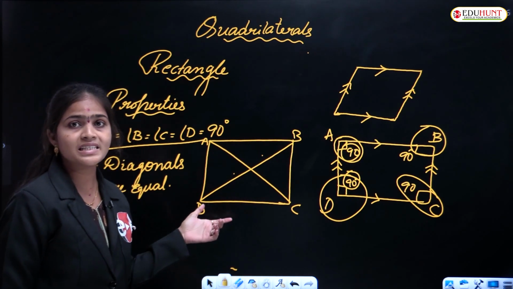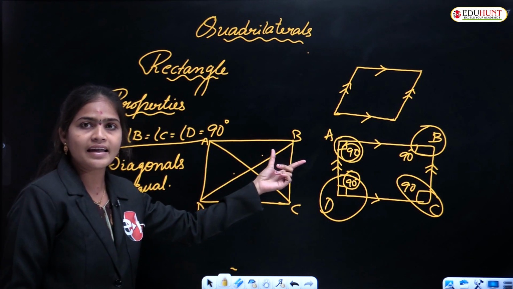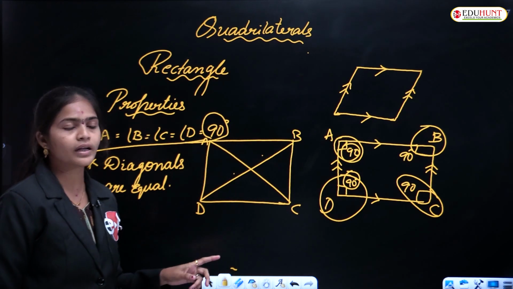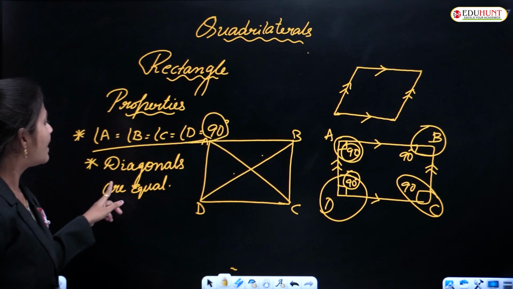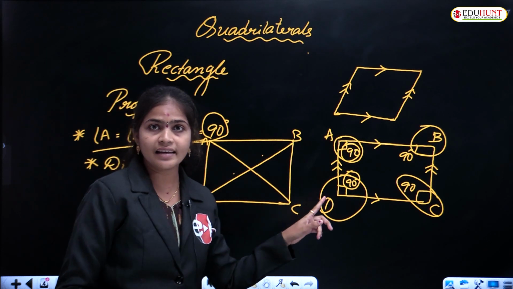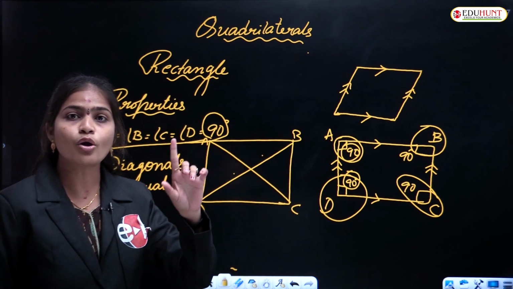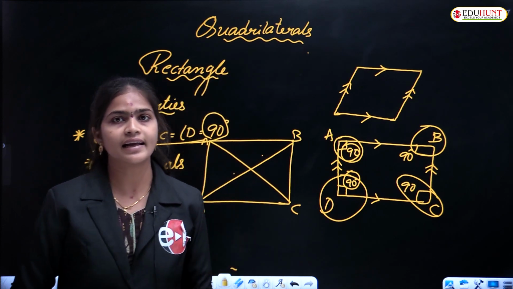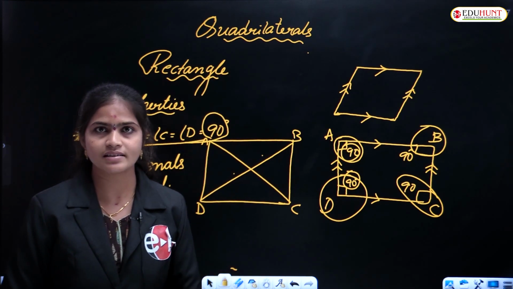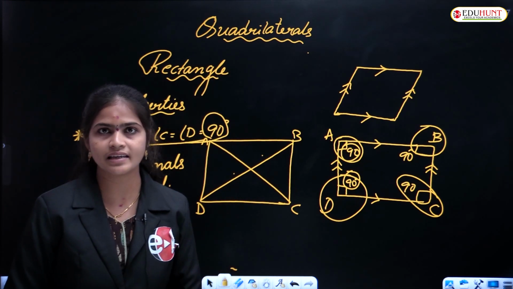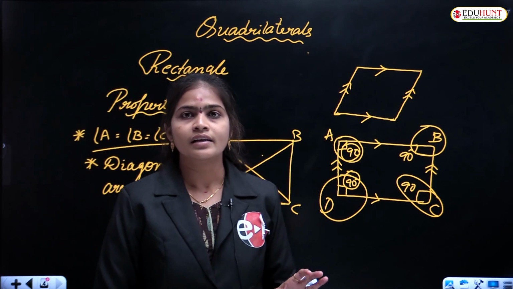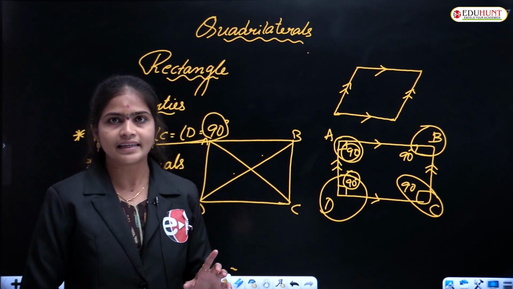What are those two? Each interior angle of the quadrilateral is 90 degrees. And the next one is diagonals of a rectangle are equal. Diagonals are not equal in a parallelogram. Diagonals are equal in a rectangle. That is the difference. Okay. Only one point difference here and one other point added. Is it clear, children?